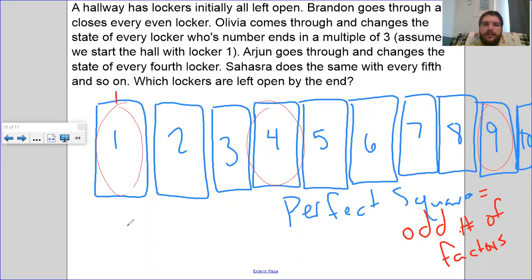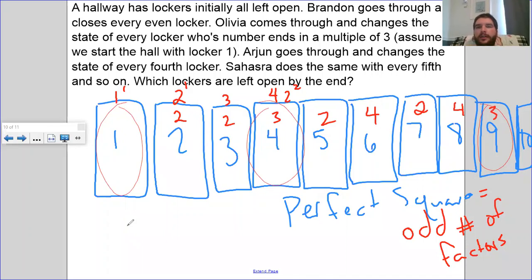This is just 1 to the first, really. If you had 2 to the first, you have 2 factors, 1 and 2. 3, you got 2 factors. 4, well, that's 2 squared, and so now you're going to have 3 factors total. 6, you have 4. 7, you still have 2. 8, you got 4. 9, 3, right?